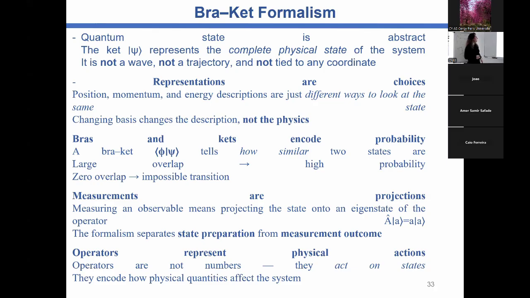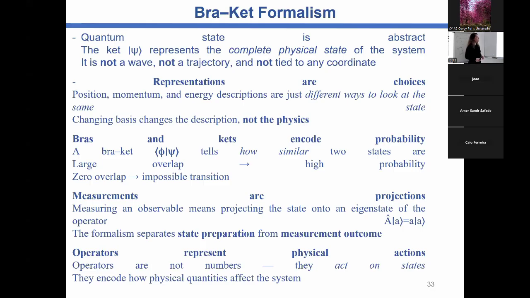And this overlap can be described using these linear vectors. The measurements are usually described using operators. The operator will give one eigenvalue when it interacts with the system, that is, this vector.